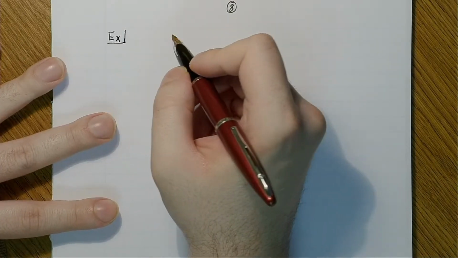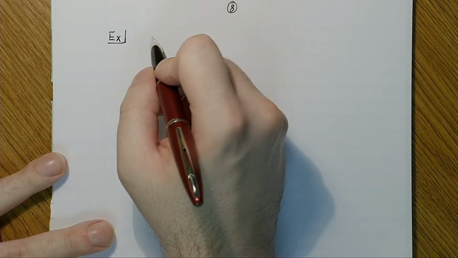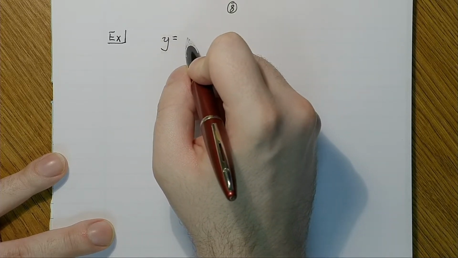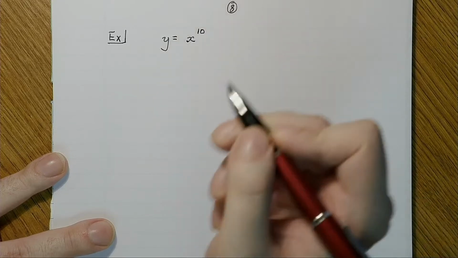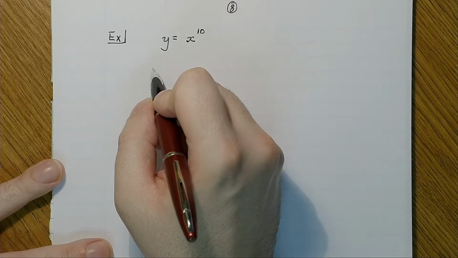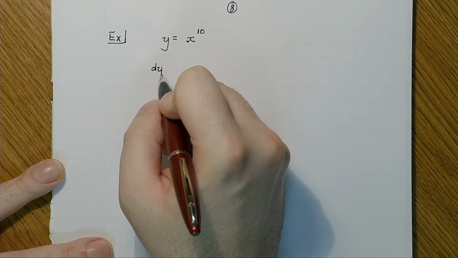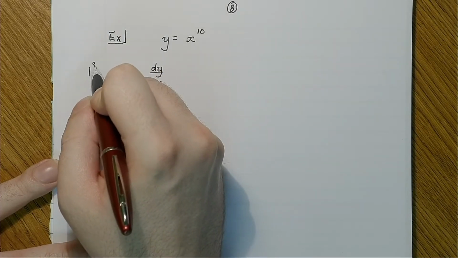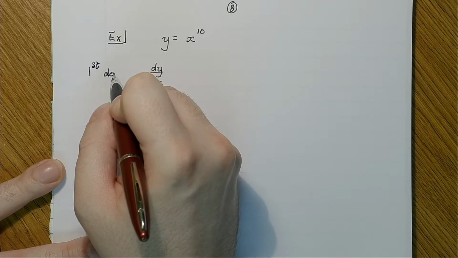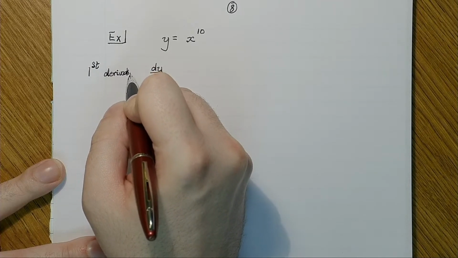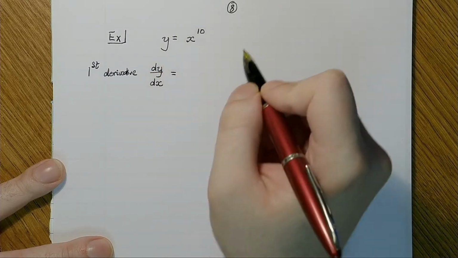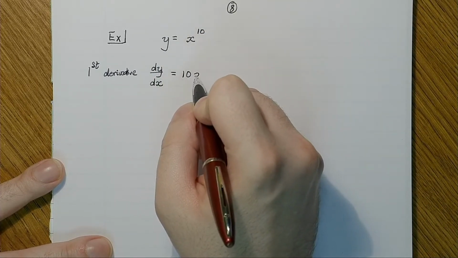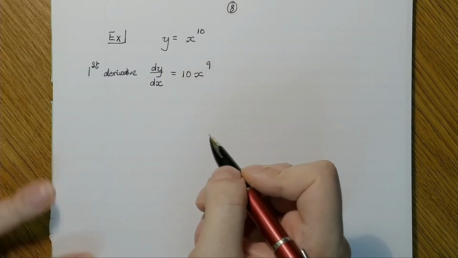So, for instance, if I had y equals x to the 10th, then if I took the derivative, here's the first derivative. Well, from our power rule, the 10 comes down in front, so it's 10x to the 9th.